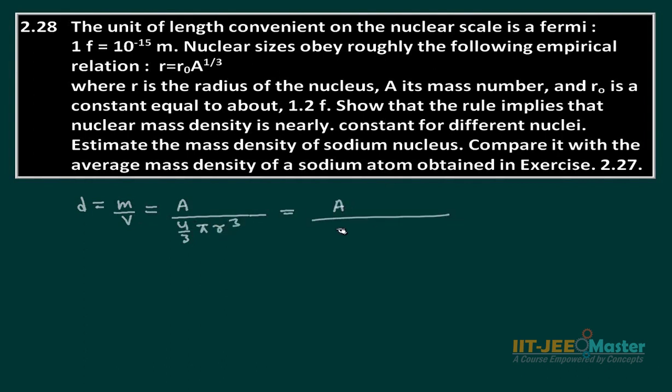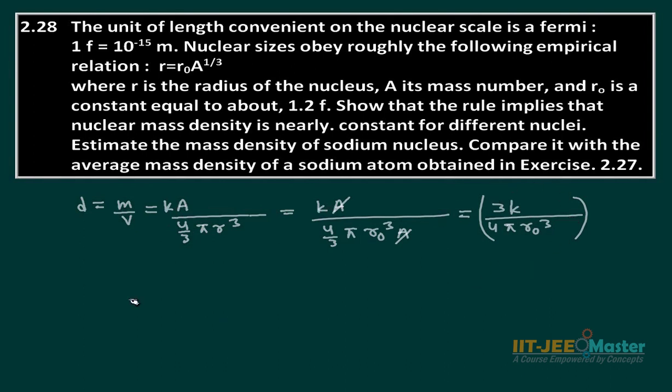If we replace r cube with R0 cube times A, where A to the power 1 by 3, cubed, is A, so A and A cancel, and density comes out to be 3 by 4 pi R0 cube. This is independent of A, so we prove that density is constant. Here mass is proportional to A, so we'll take a constant k here.